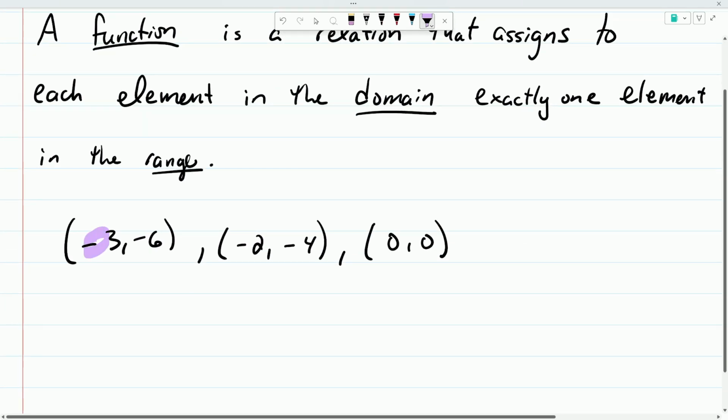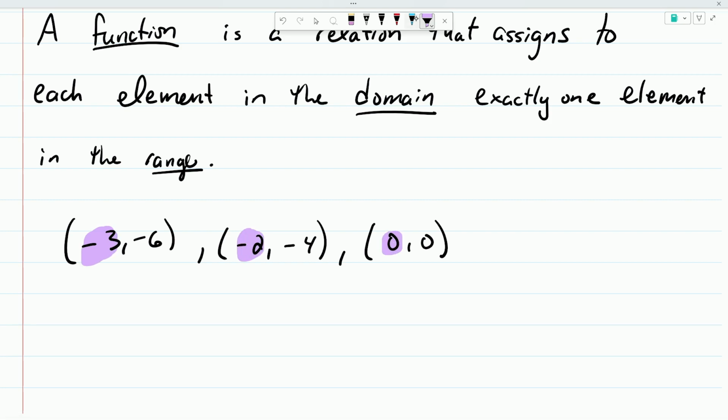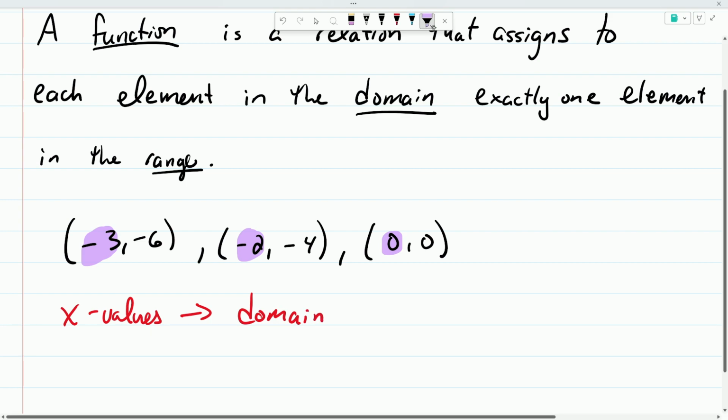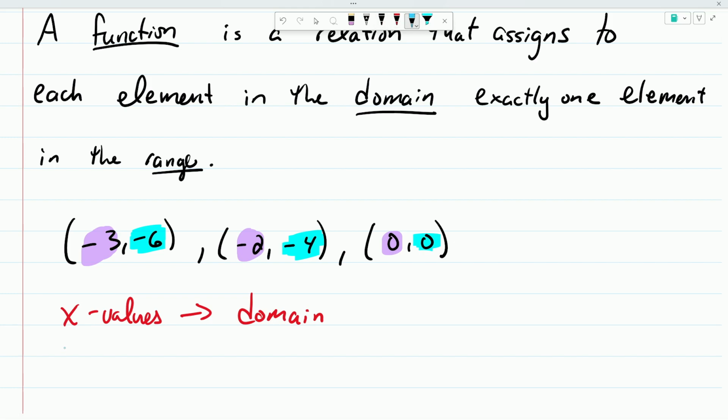All of my x values, so -3, -2, and 0, these would all be called my domain. Then all the y values, -6, -4, and 0, they would be called my range.